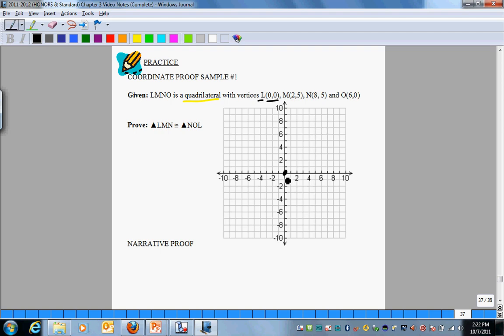So L is at 0, 0. M is 2, 5. N is 8, 5. And O is 6, 0.